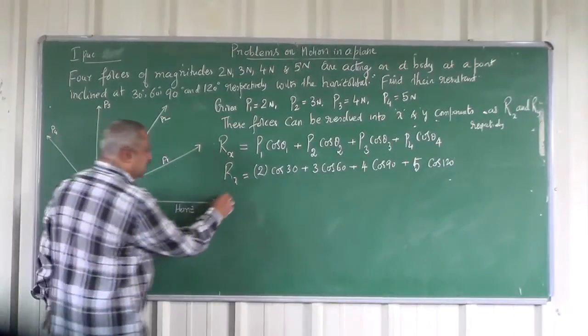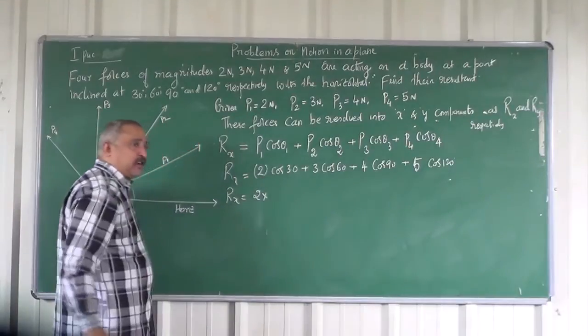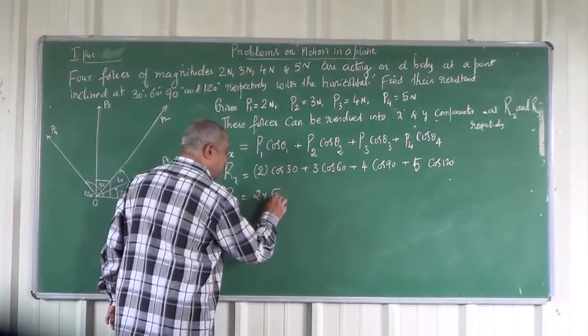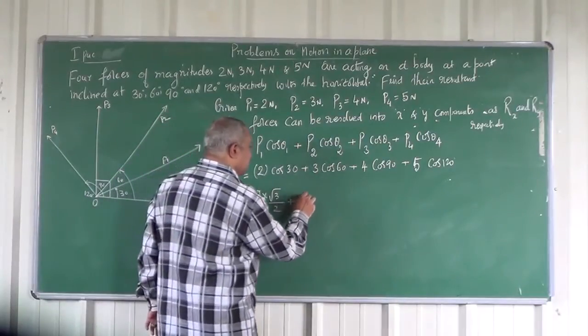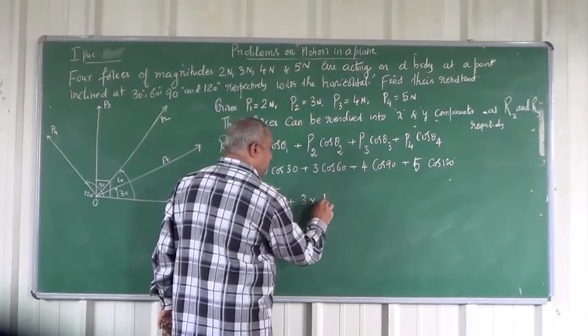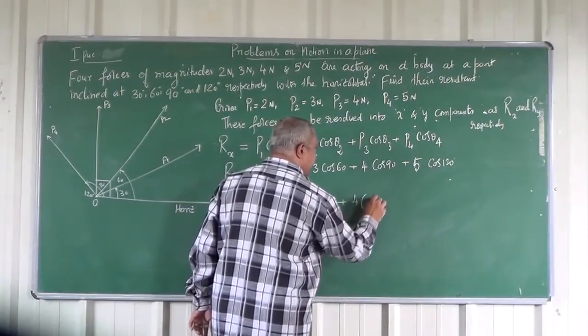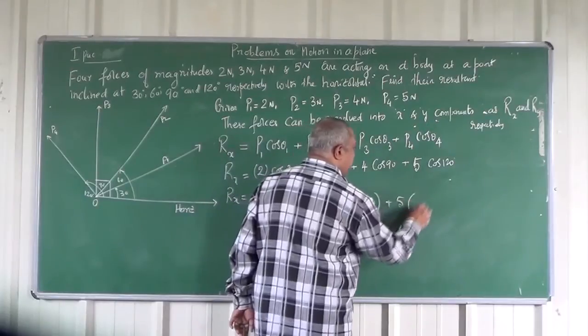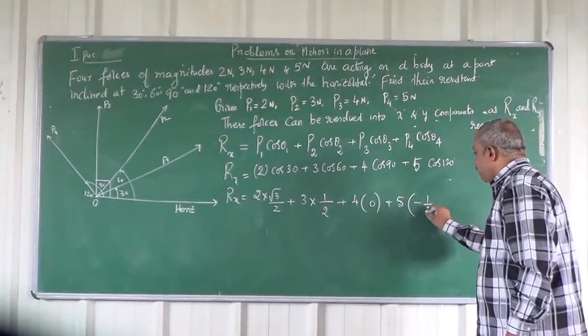Now take down the value of Rx. This is 2 into what is the value of cos 30? Root 3 by 2. Plus 3 into what is the value of cos 60? Half. Plus 4 into what is the value of cos 90? 0. Plus 5 into what is the value of cos 120? Just now I told you. Minus half.